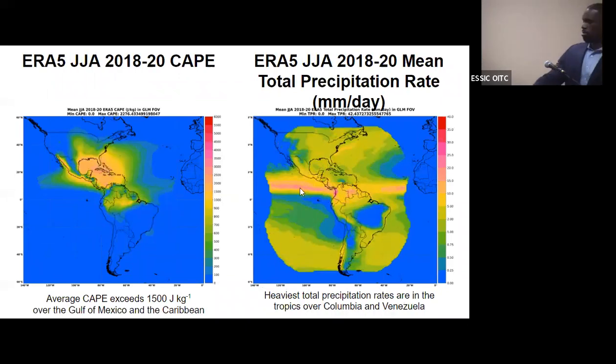And then the most enhanced CAPE moves to the Northern Hemisphere over the Gulf of Mexico and the Western Caribbean here. And then you have pretty high precipitation rates in the tropics, as you would expect. And over the Eastern United States, the precipitation distribution from season to season is fairly uniform. So JJA actually looks almost like DJF there.